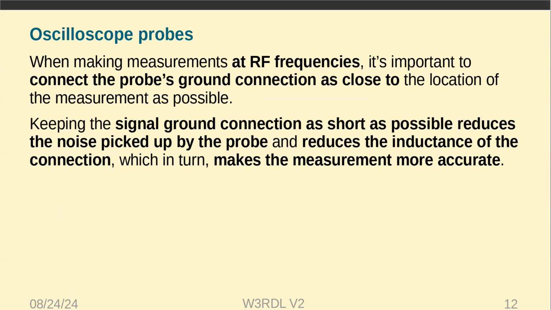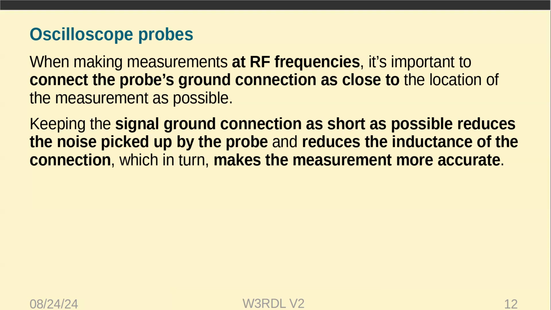When you're trying to make measurements, particularly at the higher frequencies, usually these have a ground lead, and then you have your 2 connections. You want to be able to keep this as short as possible. And for really high frequencies, they make different tips for these where it's very, very short.